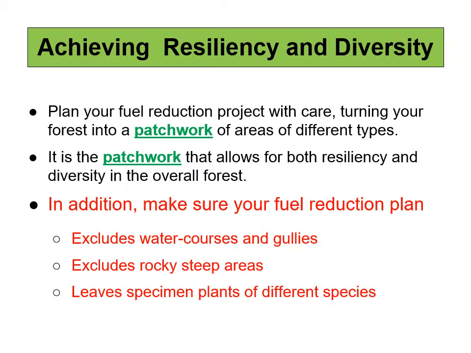In addition, make sure your fuel reduction plan excludes treatment in or near watercourses and gullies, that it excludes rocky steep areas, and that it leaves specimen plants and trees of different species untouched here and there.